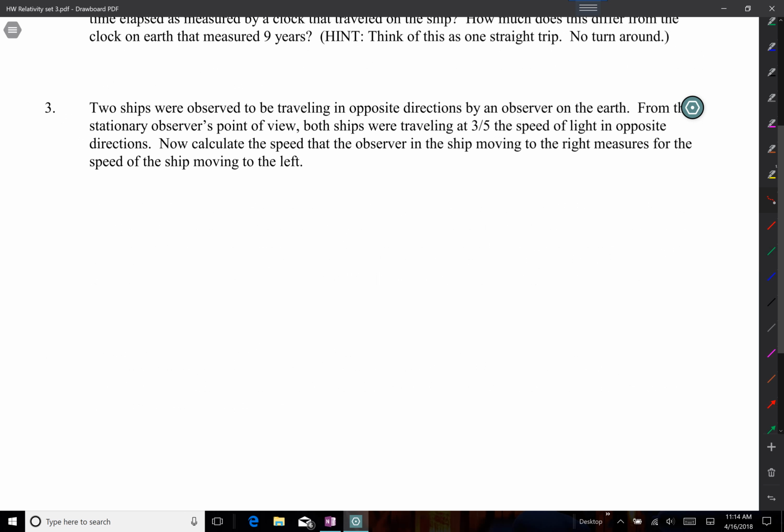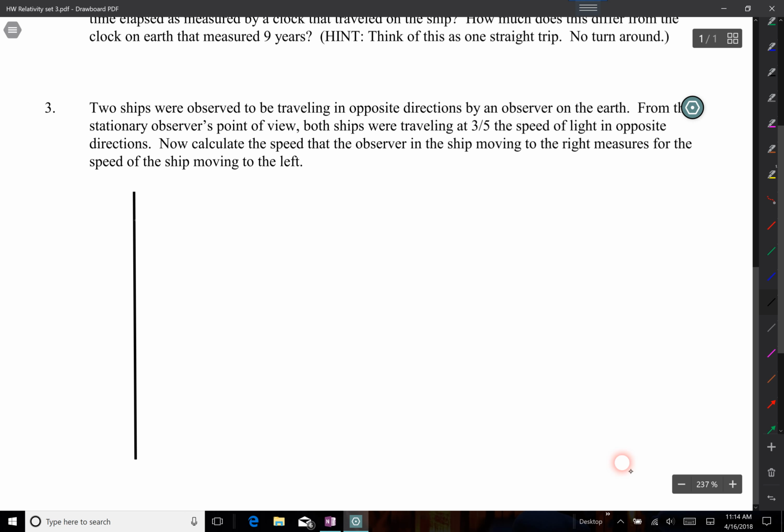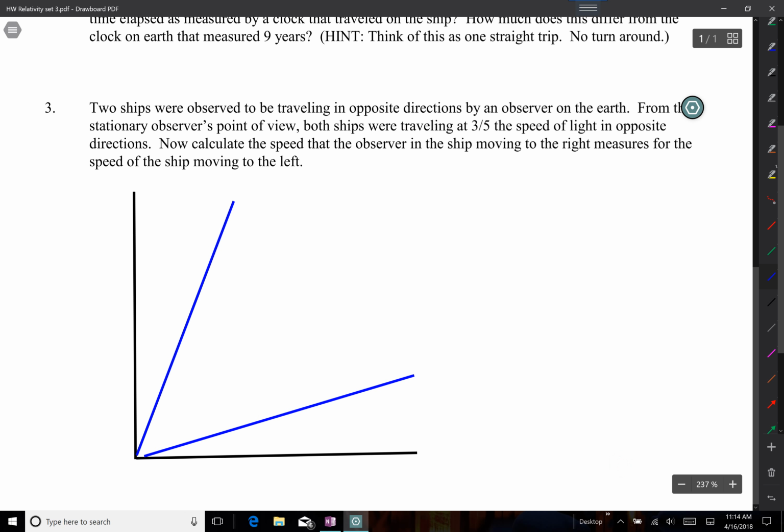I'm just going to make a sketch here. Here's the perpendicular reference frame. Here's the skewed reference frame. We have a spaceship flying.